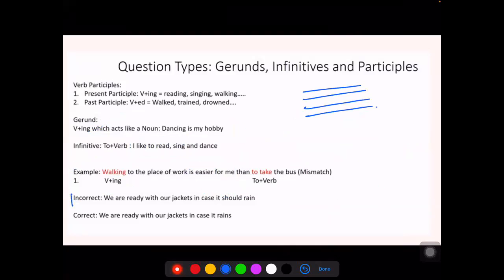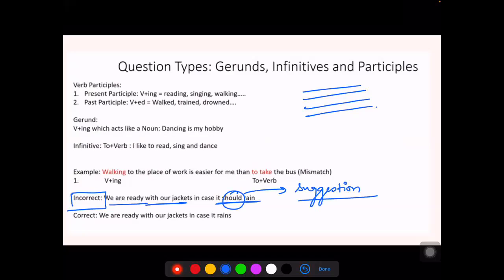Here the sentence, if we are suggesting somebody, like you should do it, we should do it, that means that is a kind of suggestion that we should perform something. So here it is written, we are ready with our jackets in case it should rain.